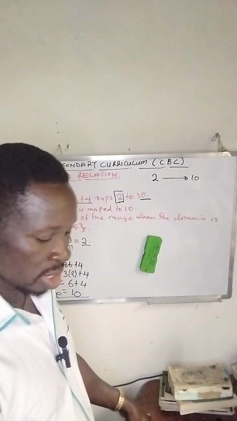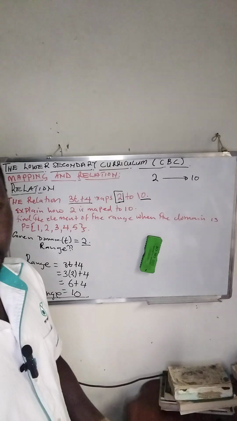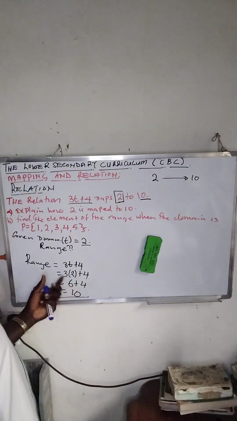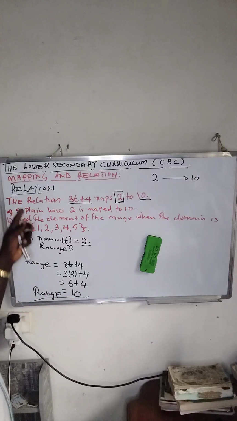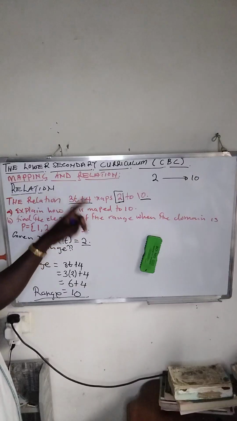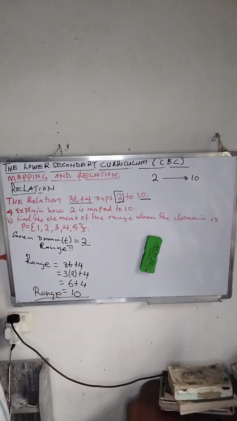That is how this relation is handled. Since you have obtained that, to obtain this value, we have just used the relation which is given to obtain a range which is 10.